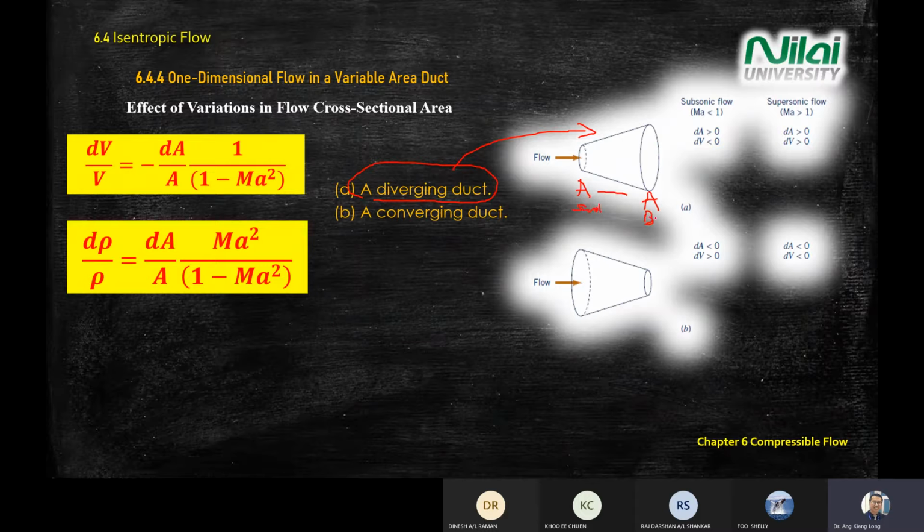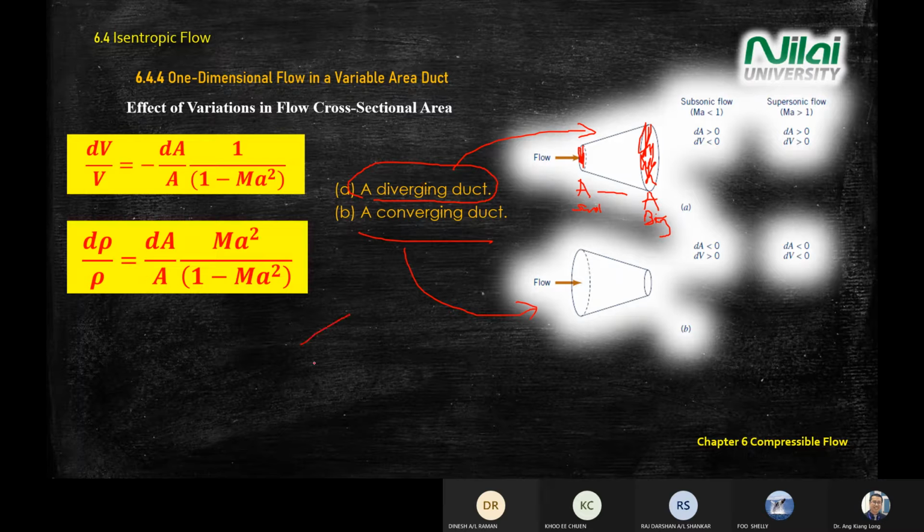What I mean by area? This area to this area. This is called a diverging duct. If it's the opposite, from a big area into a small area, we call it a converging duct. Diverging, converging.